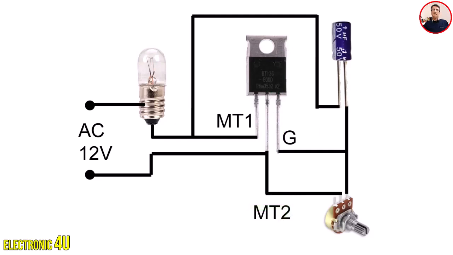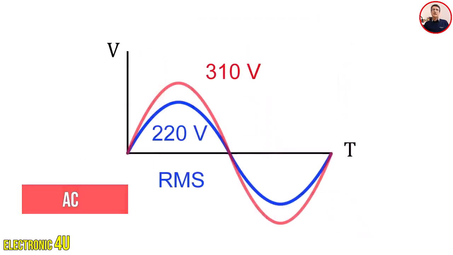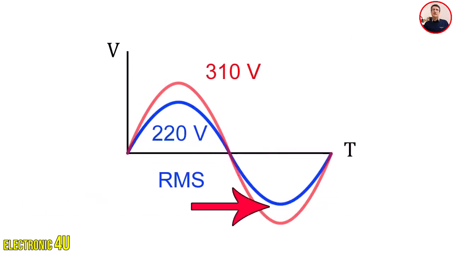We said that to adjust voltage with a triac, a method called firing angle control is used. The mains voltage is AC, meaning both its value or amplitude and its direction change over time. The mains voltage, which is typically 220 volts effective or RMS, has a peak value of about 310 volts.